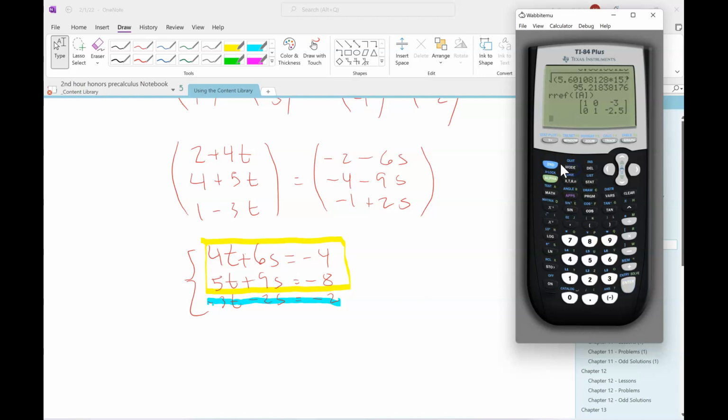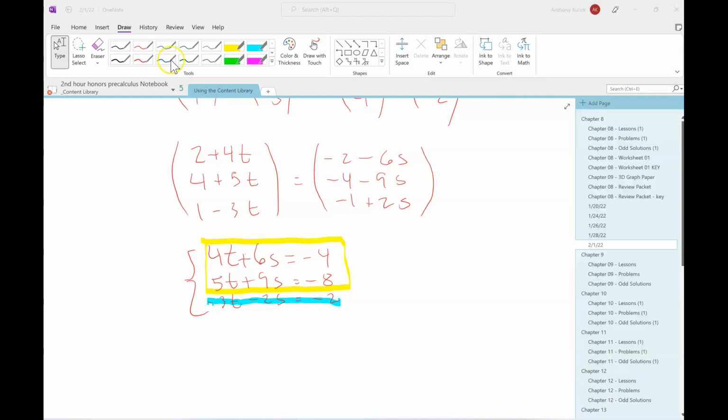I'll exit back out, go back into the matrix menu. This time go to the Math tab, scroll all the way down to find the RREF command, and perform that function on the matrix A that I just made a moment ago. So using that, I get that t is 2 and s is -2.